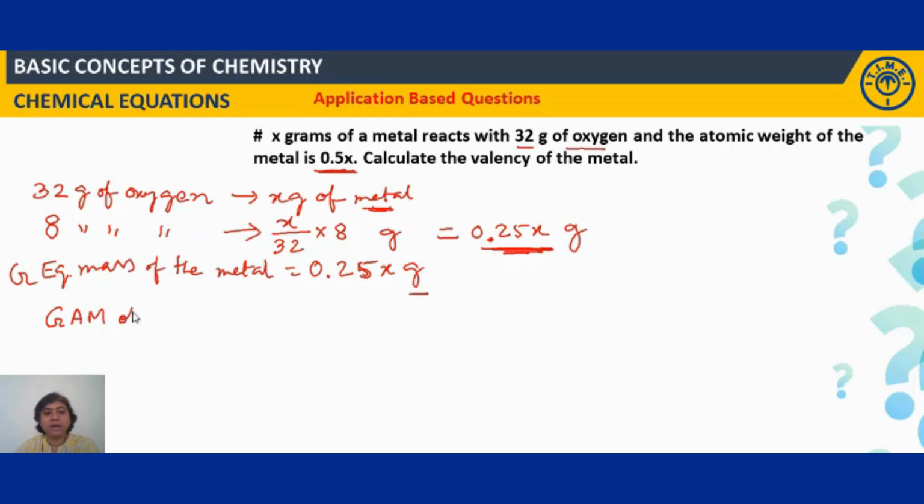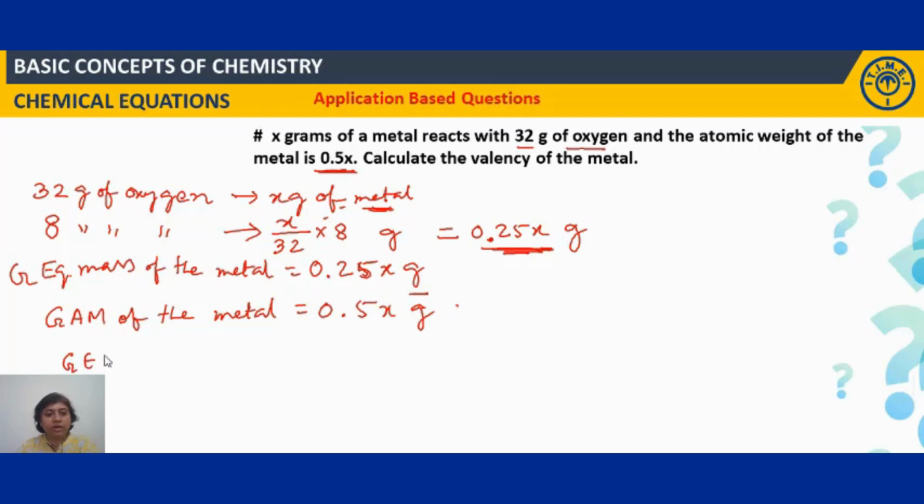Gram atomic mass of the metal is given as 0.5 X grams, right? So now we can easily calculate the valency. Let us write the relation again.